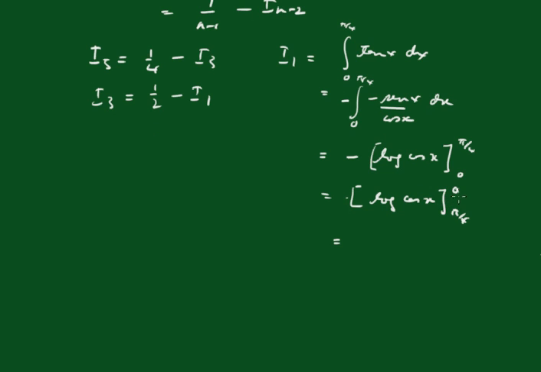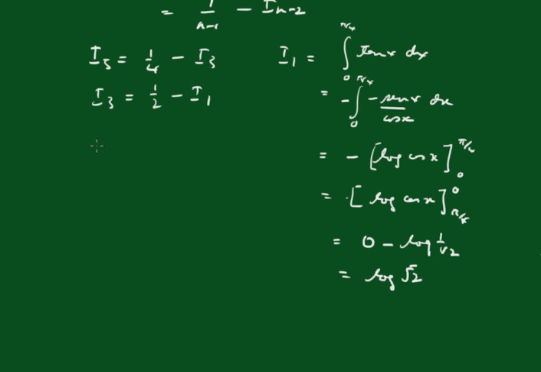The cos of naught is 1, the log of 1 is naught, so it's going to be equal to naught minus the log of, and the cos of pi upon 4 is 1 over root 2. Of course that simply becomes the log of root 2.